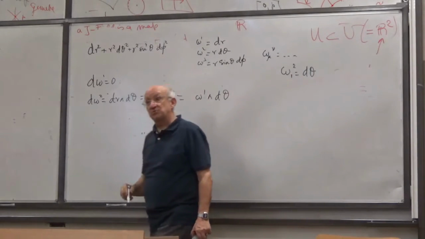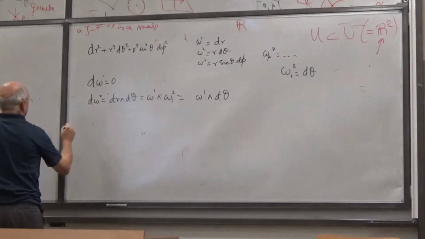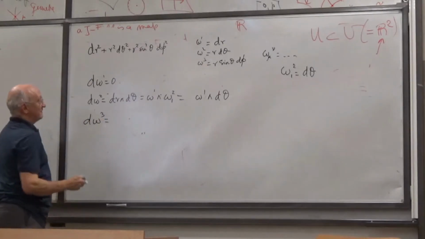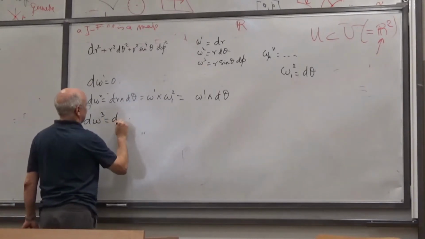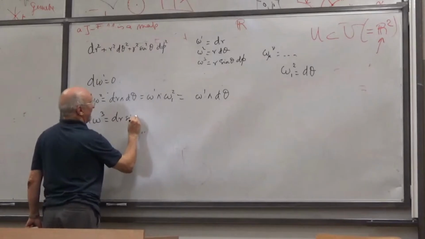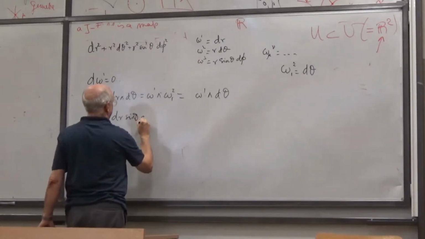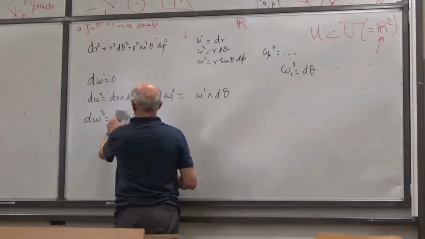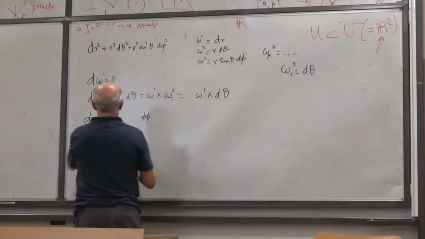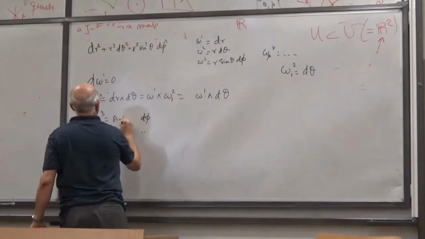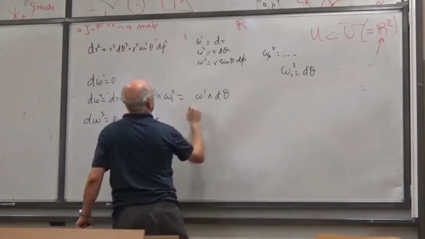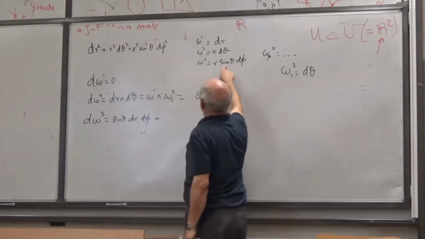So, I do the next one. The omega 3 equals dr sin theta d phi, plus a differential in the second term.